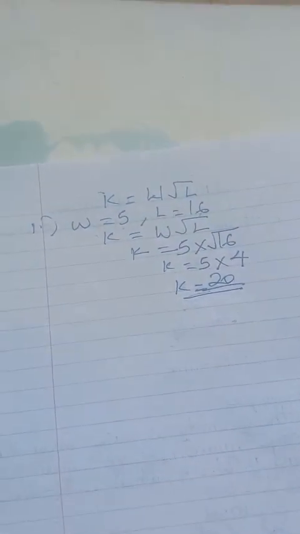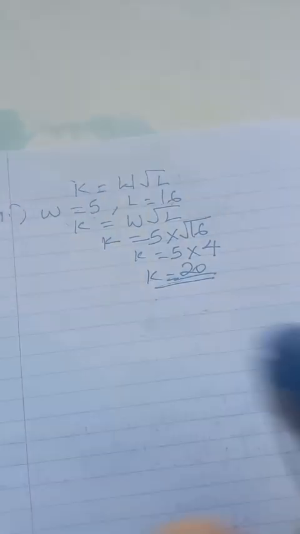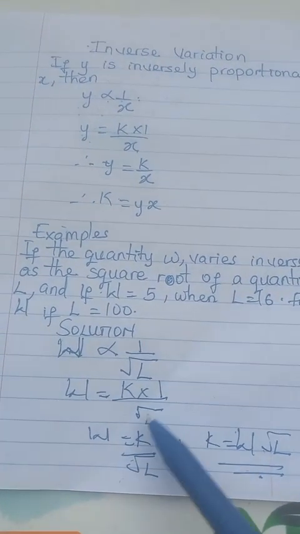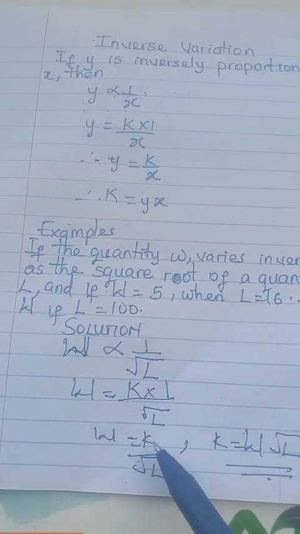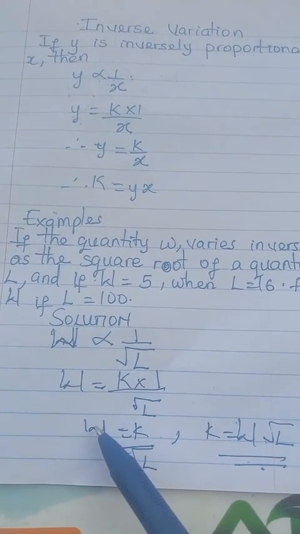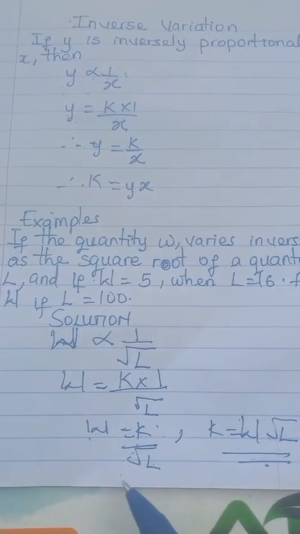So just for additional information, in this our equation here, where is it? Okay, here. You can now place the value of K that I got as 20. You can place it there. Then you now write W is equals to 20 over square root of L. Let me do it for more understanding.